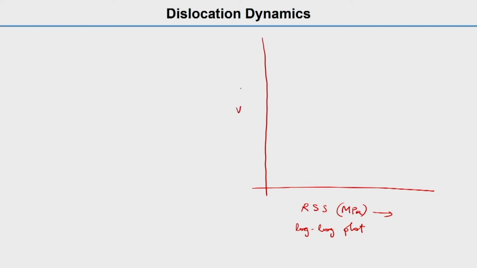And then here we have dislocation velocity V in units of meter per second. If you see, the scale will look something like this, 10 to the power minus 1, 10 square.